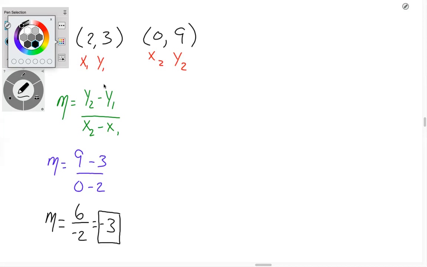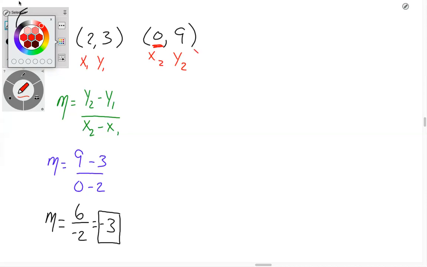What's our y-intercept? Nate, do you know? Do you remember? All right, so if we look at our 2 points, Nate, do you see how this is 0?